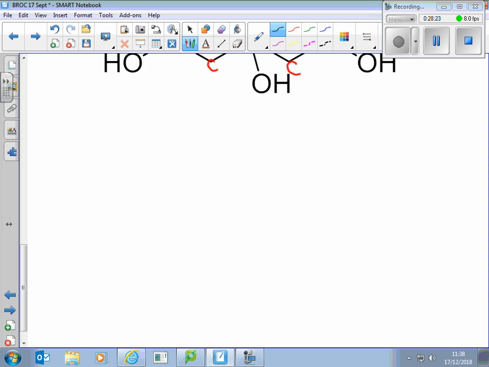But naming isomers, just as before, it would be using the numbers as any other example that we've used with the alcohols, with the alkanes, all of those things.